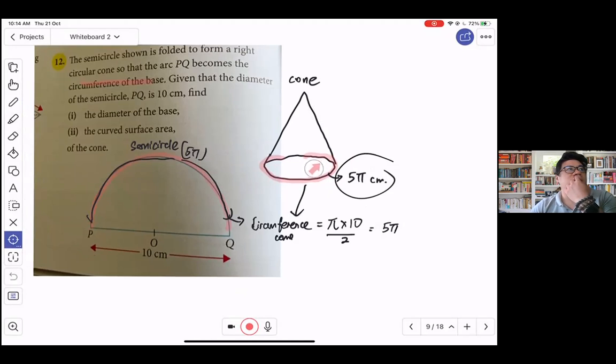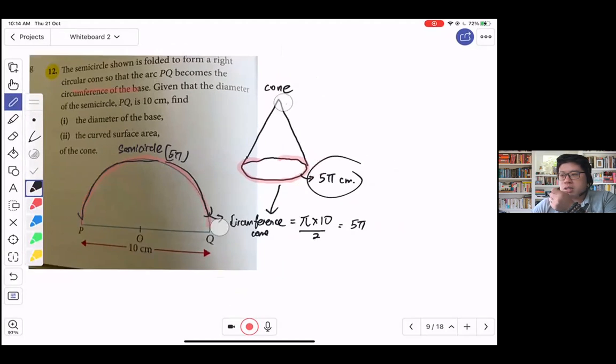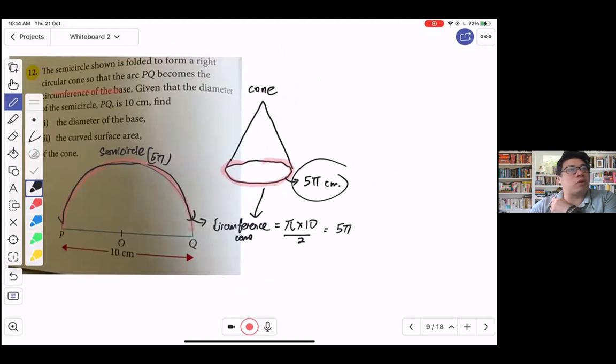And from there, how do you answer the first part, which is to find the diameter of the base? Now you know that for the circumference of a circle, the formula is also pi d, right? So 5 pi equals pi d, where this d represents the diameter of the base of the cone.